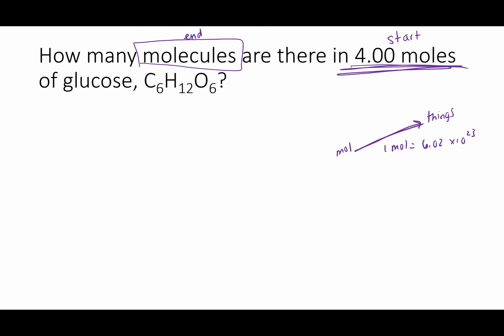So when I set up what I'm given to start with, 4.00 mole of C6H12O6, I don't want moles, so I put that unit on the bottom. And now I'm going to convert up to molecules. A mole and a molecule are not the same unit.